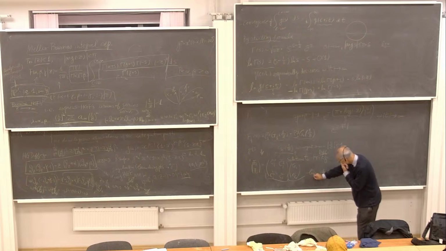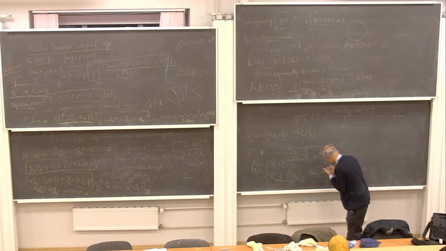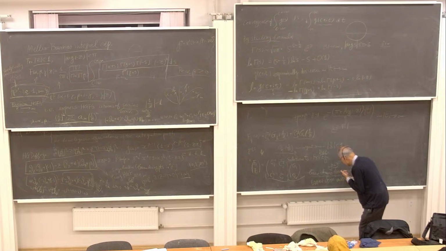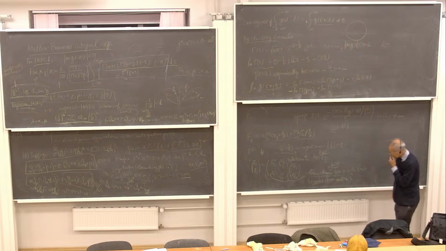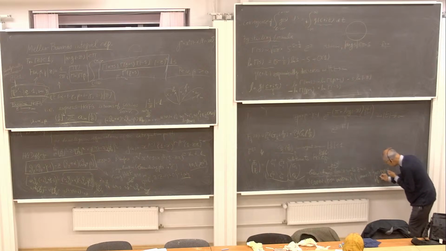So this change matrix is called the connection matrix, the connection between two types of bases.